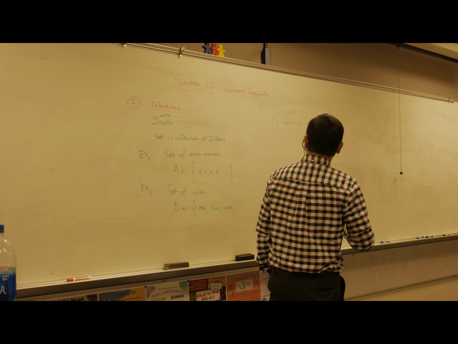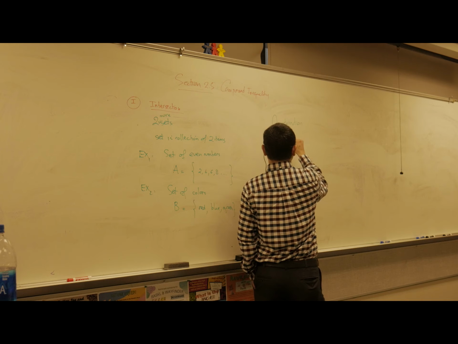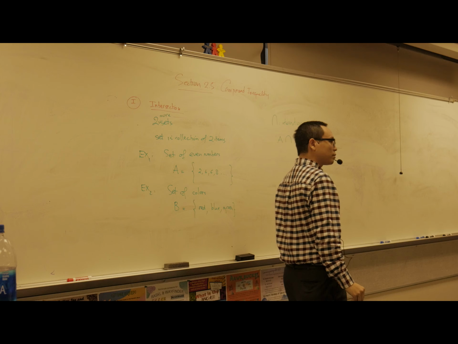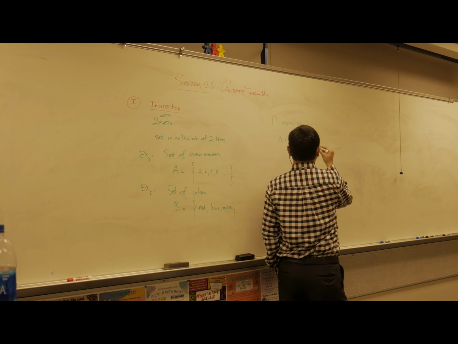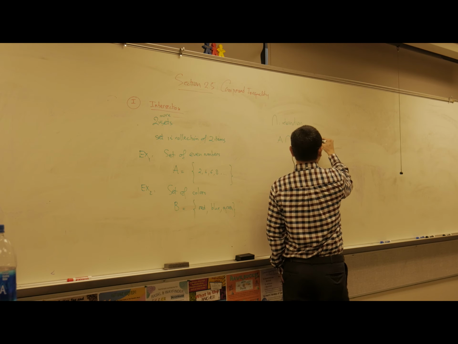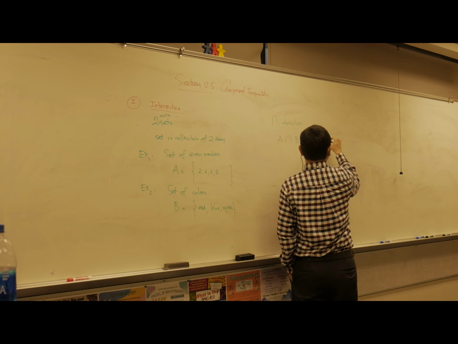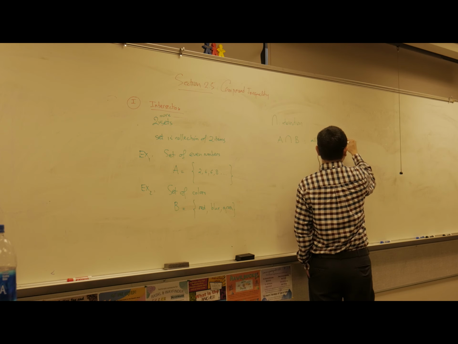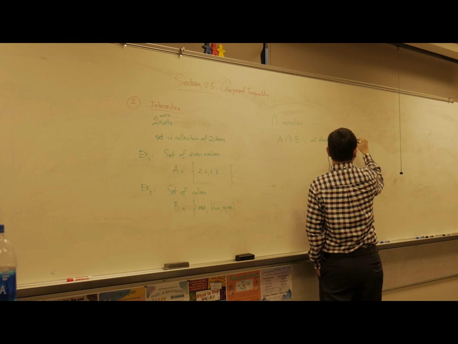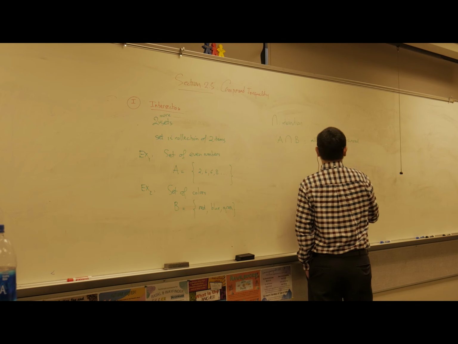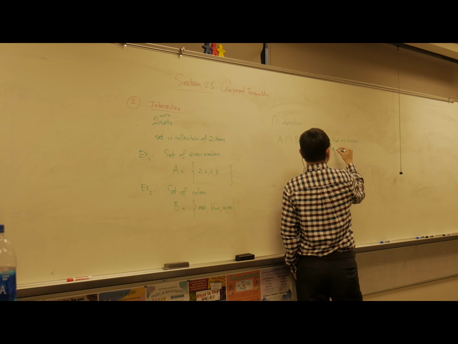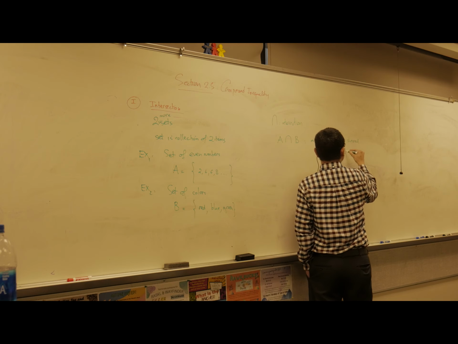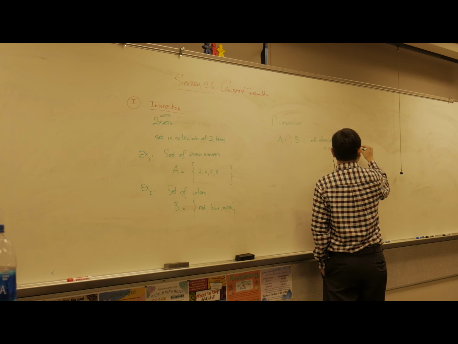I can say set A intersect with set B. This is the set that includes all the elements that are shared in common by set A and B.